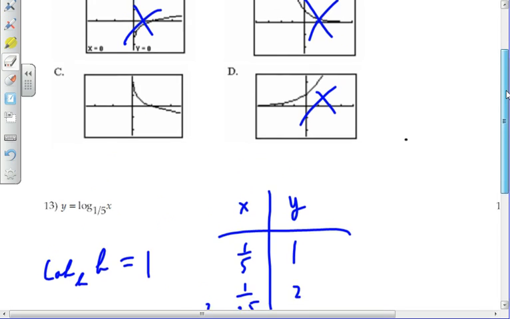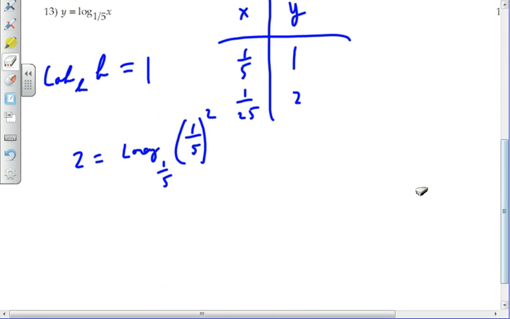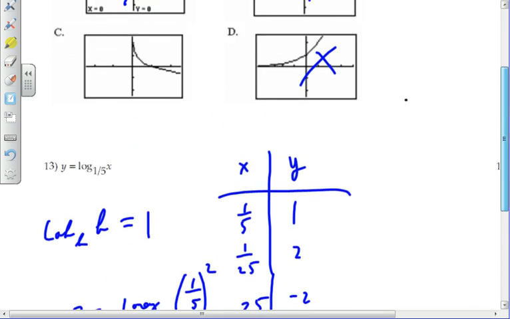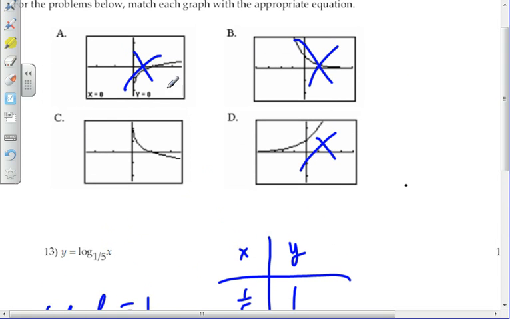Yeah, okay. What if y were -2? Y were -2. -2 would be log base 1/5 of 1/5 to the -2, which would be 25. So at -2, when y was -2, I should be at 25, and so it looks like C.